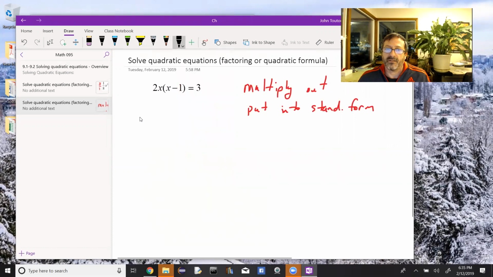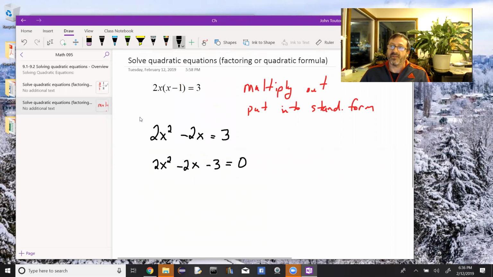So we get 2x squared minus 2x equals 3. And then it needs to equal 0 to be in standard form, so we'll move the 3 over. 2x squared minus 2x, subtract 3 from both sides, minus 3 equals 0.